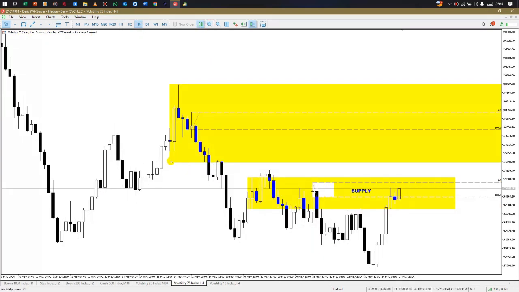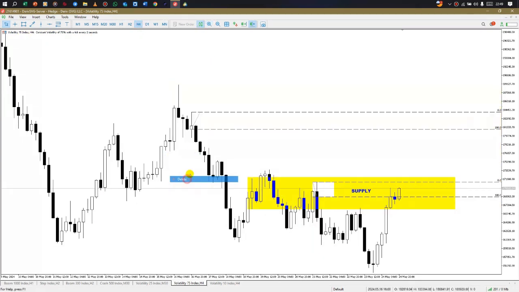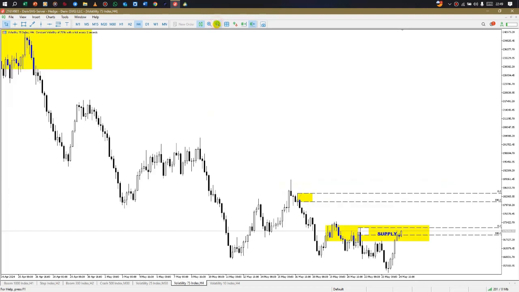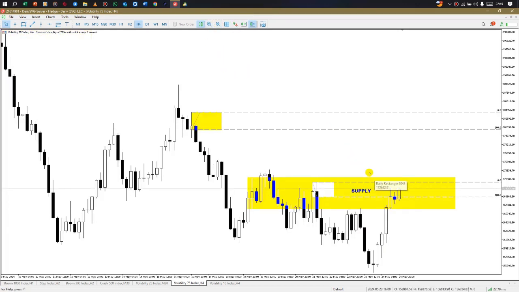So if ever this zone fails, then you can focus on this one above here. That's how it is, guys. You just have to manage your risk properly. If this zone fails, then you can get on another zone, to get another chance to execute. Okay, you just have to preserve your capital.